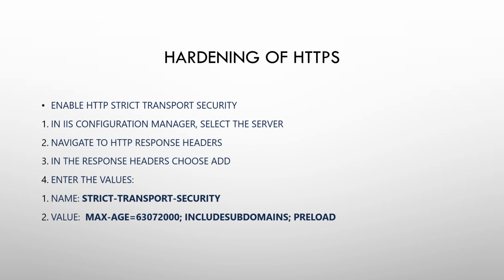Then you would enter the values. For name, it would be Strict-Transport-Security. For the value, it would be max-age=63072000. So that'll be three zeros. Then it'll be semicolon, includeSubDomains, semicolon, and preload.